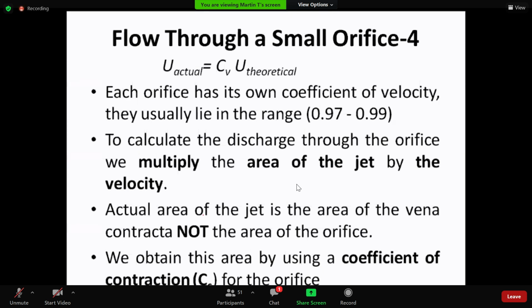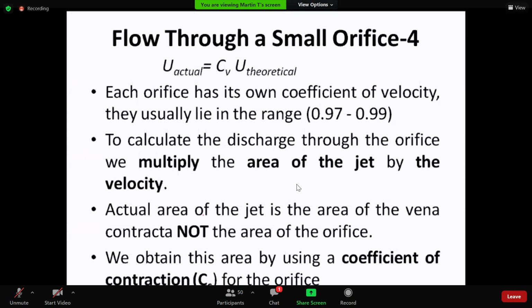The A that we are talking of is the A at the point of contraction.